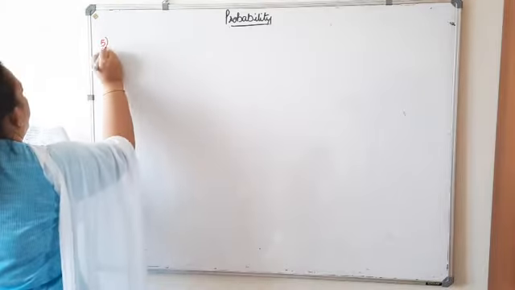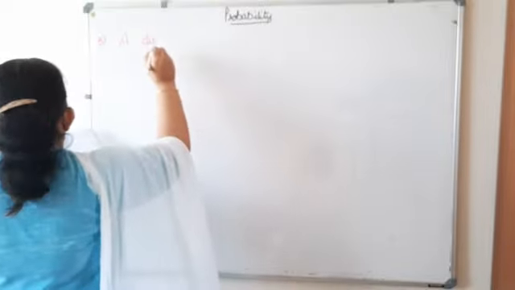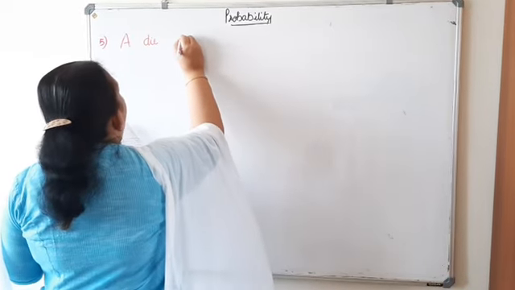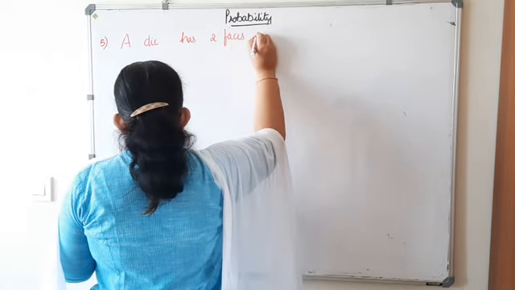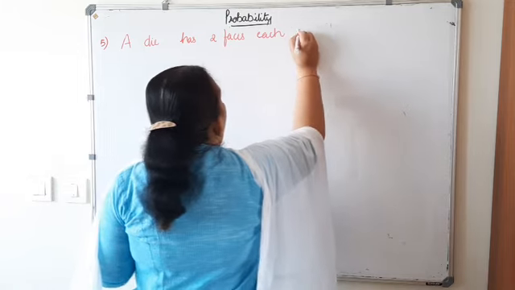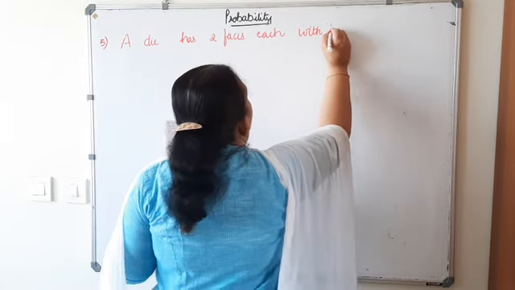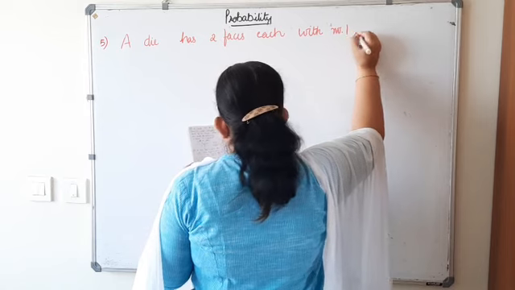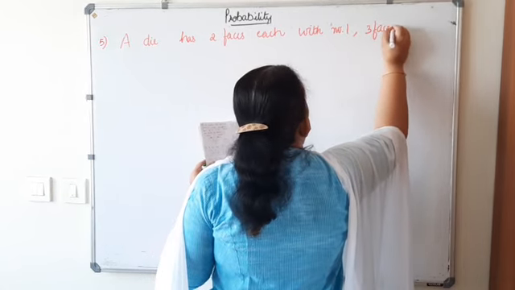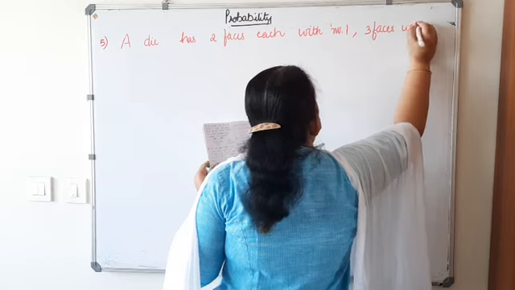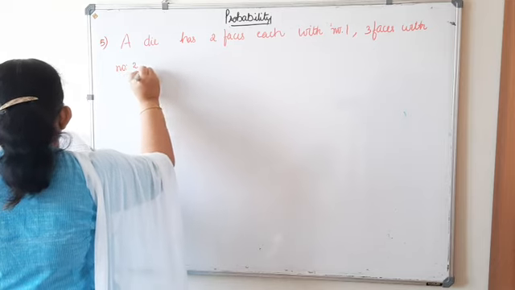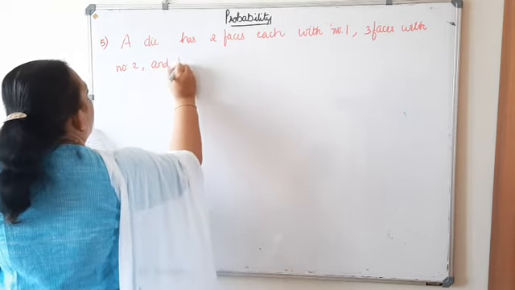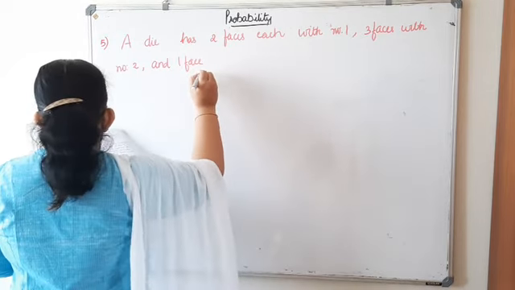Question number 5. A die has two faces, each with number 1, 3 faces with number 2 and 1 face with number 3.